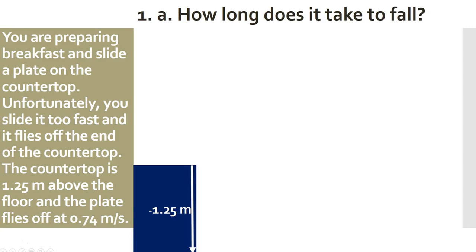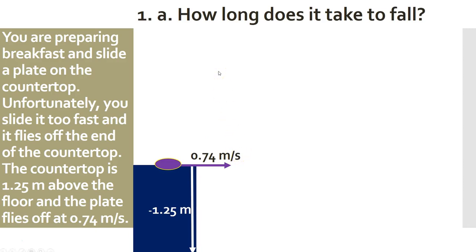And remember, anytime we go down, it's negative. Anytime we go up, it's a positive. Here's my plate, we know the plate is flying off of the counter at 0.74 meters per second. When something slides off the counter, we know that it's sliding horizontally, so we know that that's our horizontal velocity.